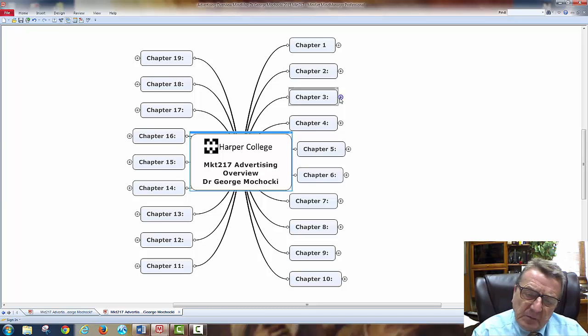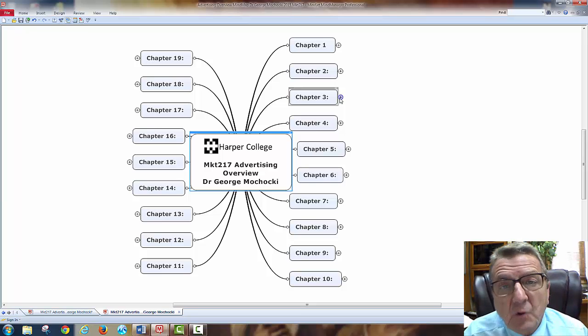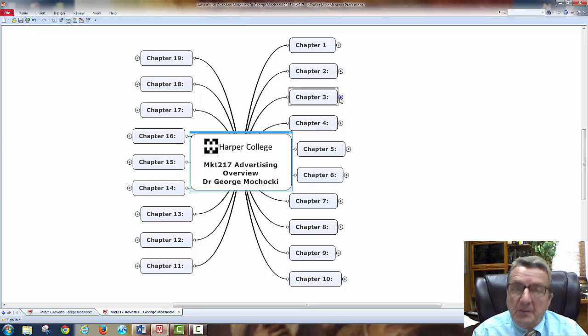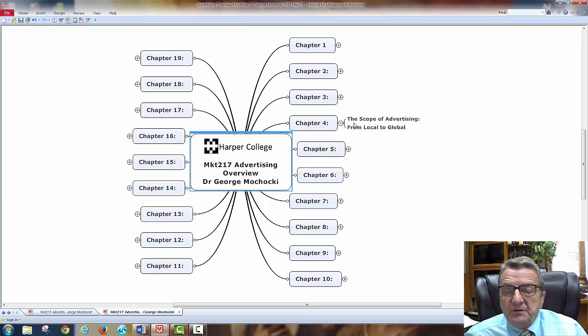A lot of times we'll push the envelope, but we don't want to cross that line where we have bad publicity, PR, or legal issues facing us, which could shut down our business, or could be costly from an economic standpoint. Okay, chapter 4, scope of advertising from local to global.